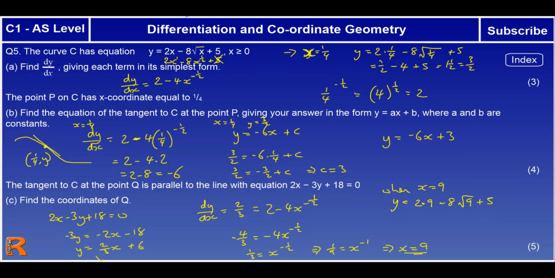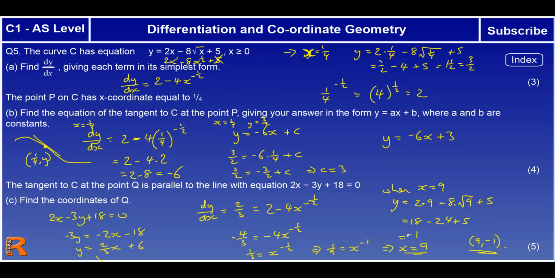Just bringing that down from up here again, the equation of the curve. 2 9s are 18, square root of 9 is 3, 8 times 3 is 24, plus 5. 18 plus 5 is 23, take away 24 is minus 1. So our coordinates are 9, minus 1. 5 marks. Okay, so that's starting to get a little bit trickier.